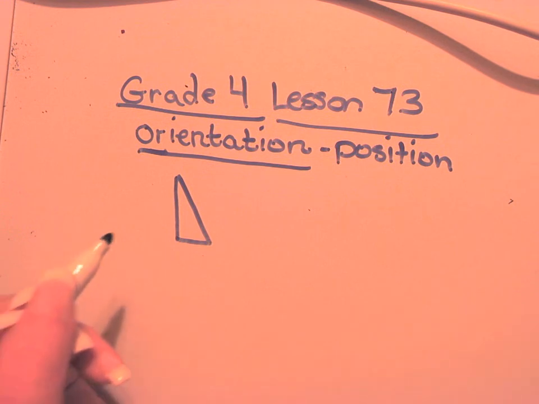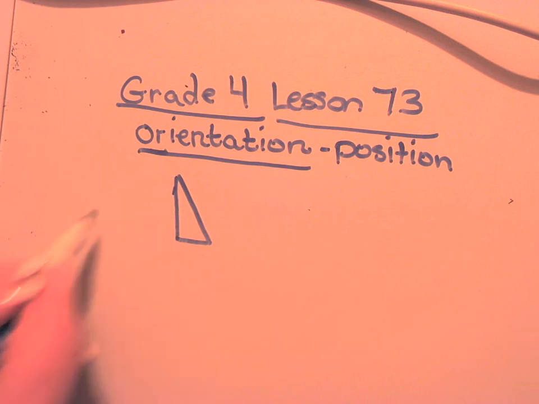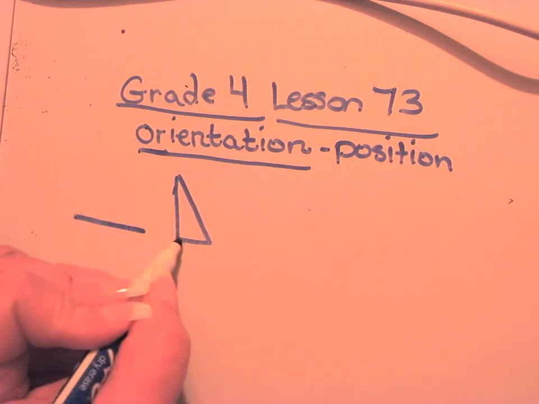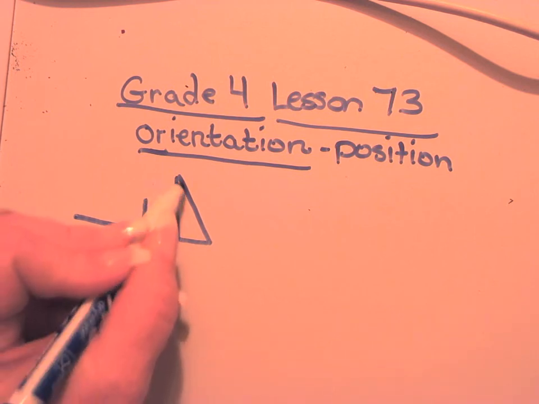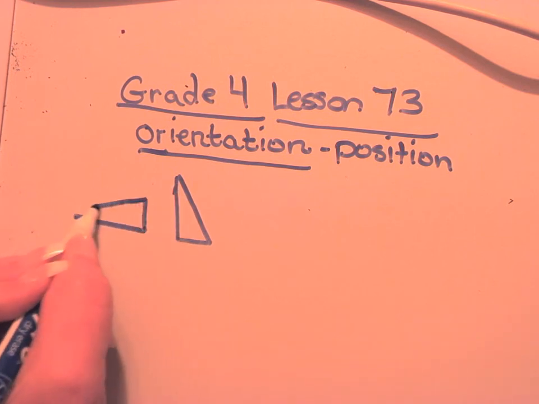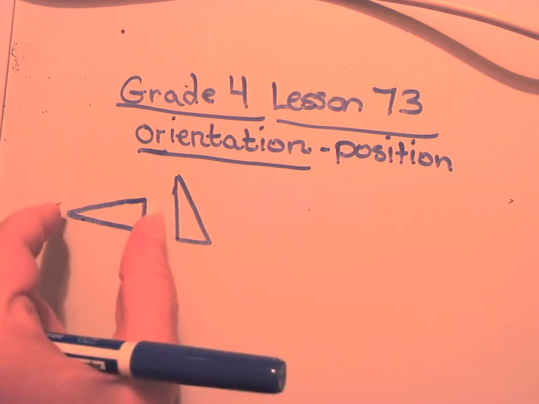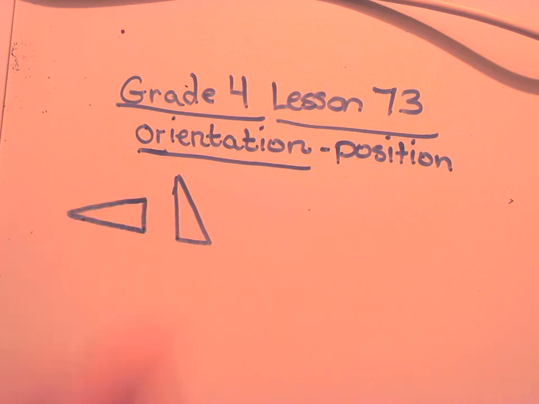If I change its orientation, I might move this section over along the bottom here, and then this one is going to come up this way, and this one will move over to the side like that. It's the exact same thing, and if I turn it, it's going to match up to that. It's just been turned, so its orientation has changed.